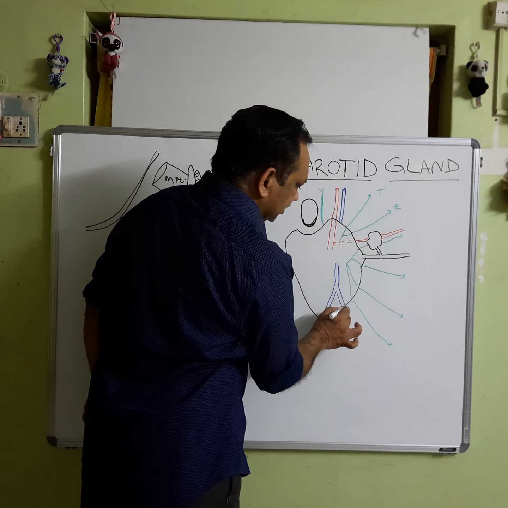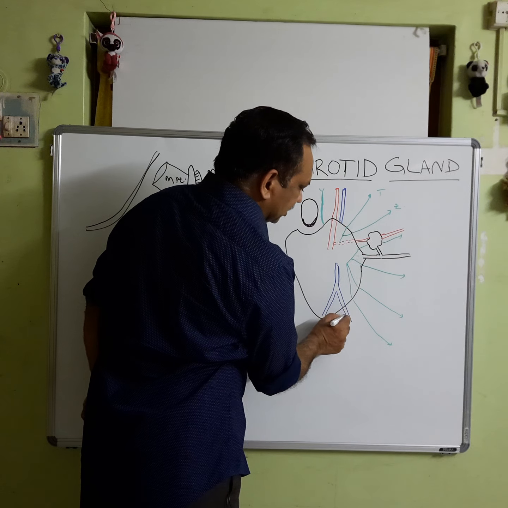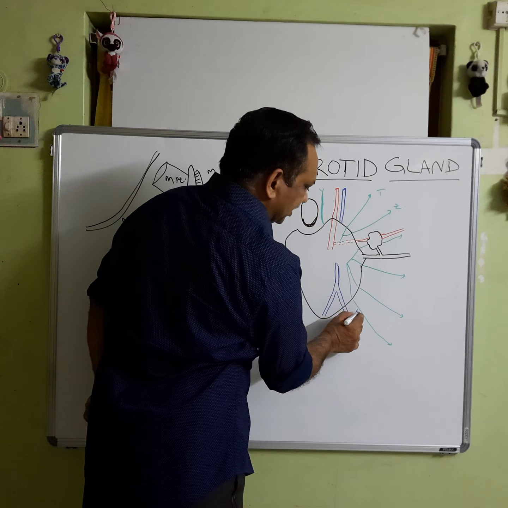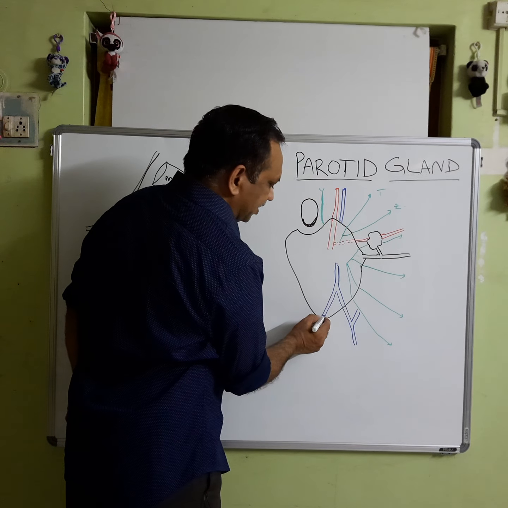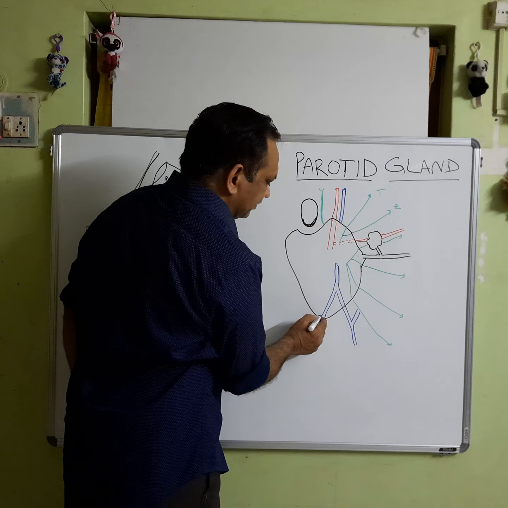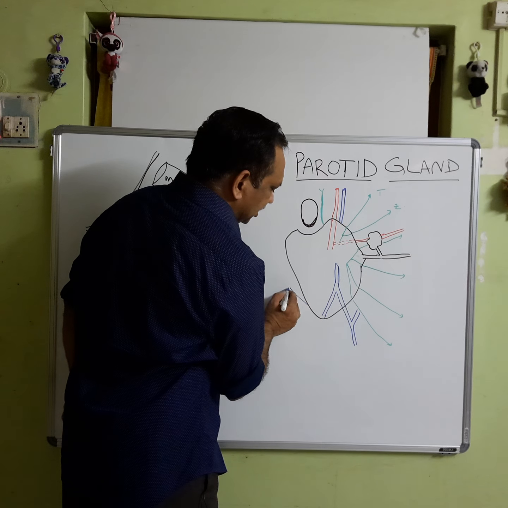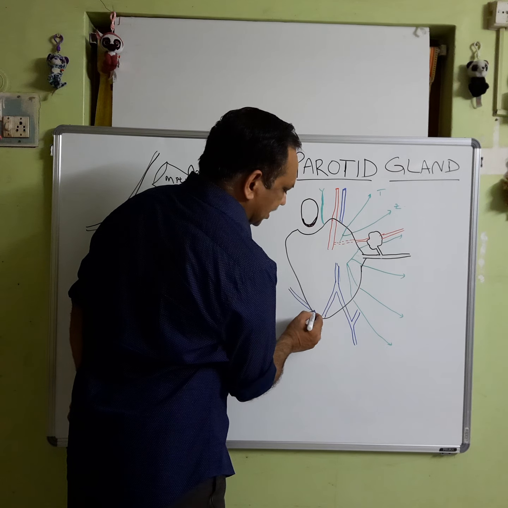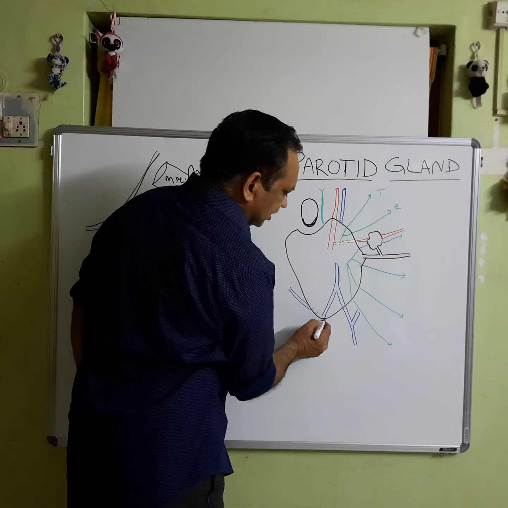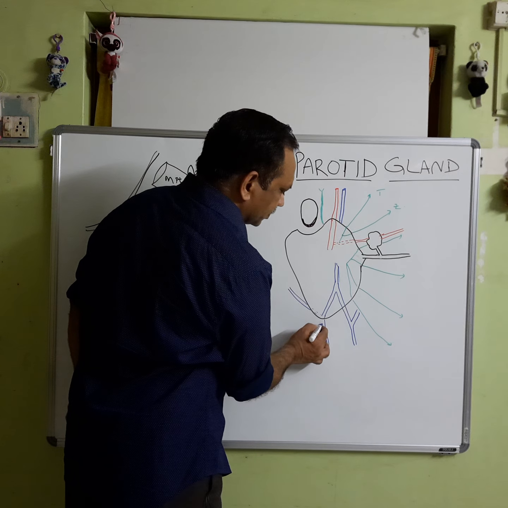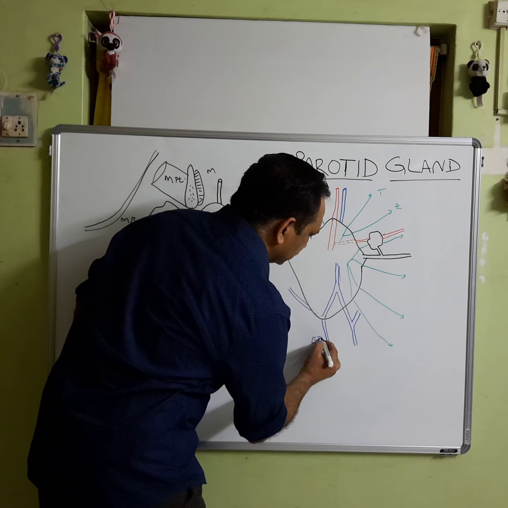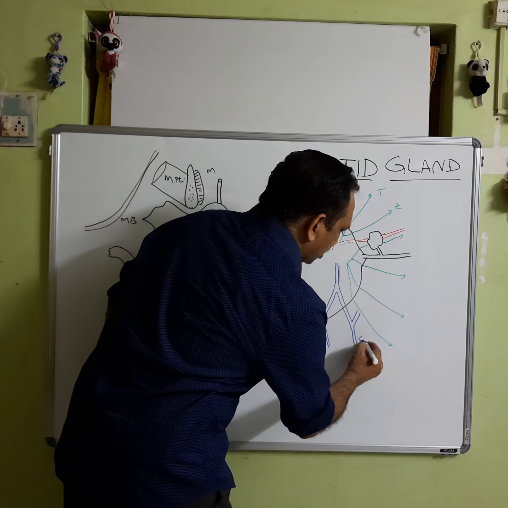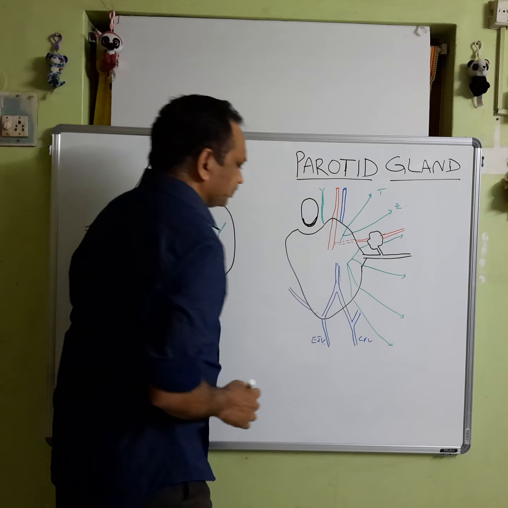This anterior division emerges out here and joins the facial vein to form the common facial vein, which drains into the internal jugular vein, and this posterior division joins the posterior auricular vein either within the gland or just outside the gland to form the external jugular vein. This is the external jugular vein. This is the common facial vein.